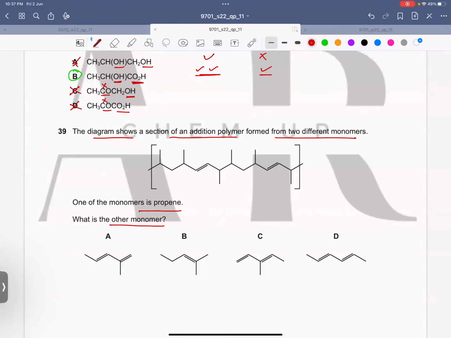One monomer is propene. If we try to figure out where the propene is, propene can be this one. Then from here, the other monomer starts.